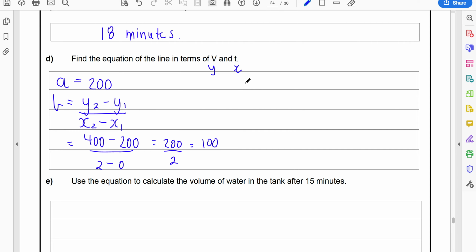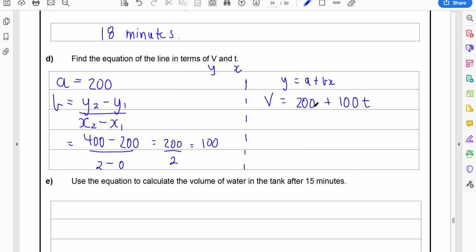So you could do it that way, and then of course your final rule would be V equals, remember it's going to be in this form. So V equals 200 was A and 100 was B. So we've got 200 plus 100t.